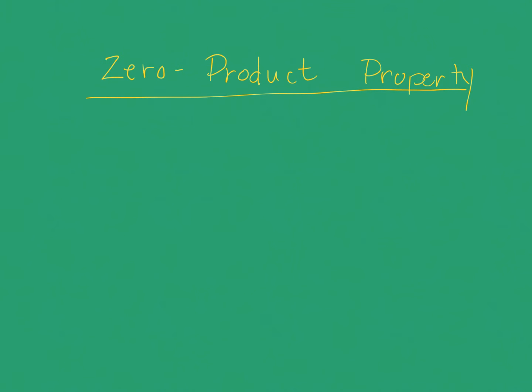Okay, so the first thing is the zero product property. All I want you to think about is if I tell you that you're going to take 2 and multiply it by some number, but that number has to give you a product, a result, of 0.